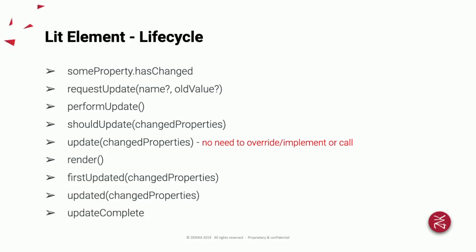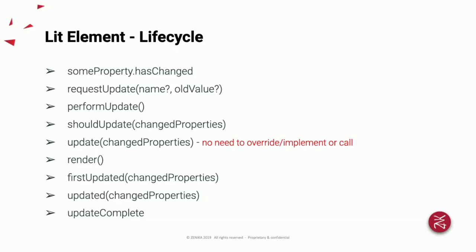the LitElement update cycle starts when we set a property. Afterwards, LitElement will request an update if there is a change in the property. By default, it checks whether the old value is equal to, or not equal to, the new value.